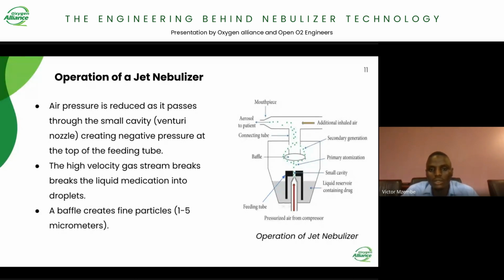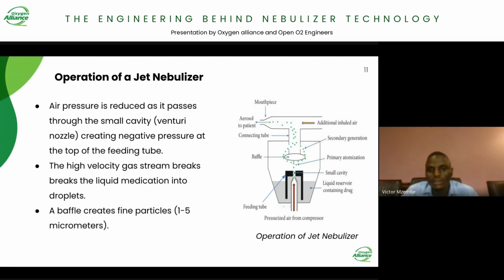The reduction in pressure at the top of the jet, or at the venturi nozzle, causes the liquid medication to be sucked up through a feeding tube from the reservoir. The interaction between the sucked up medication and the high velocity air breaks the liquid medication into small droplets. That process is called primary atomization, as shown in the diagram.